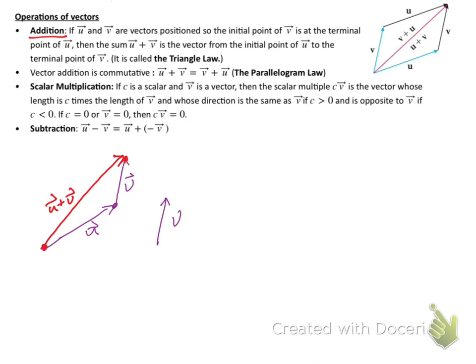Vector addition is commutative, which means you go U first, V second, or you go V first, U second. Doesn't really matter. If you go V first, U second, it will look this way.